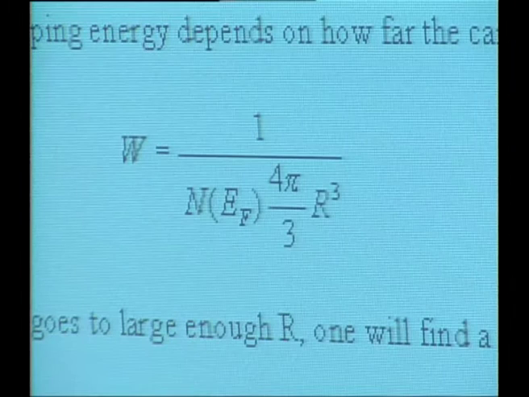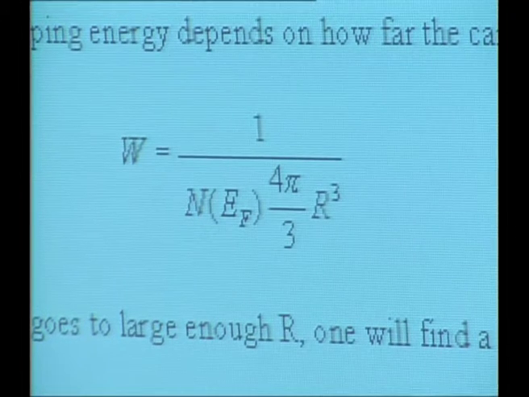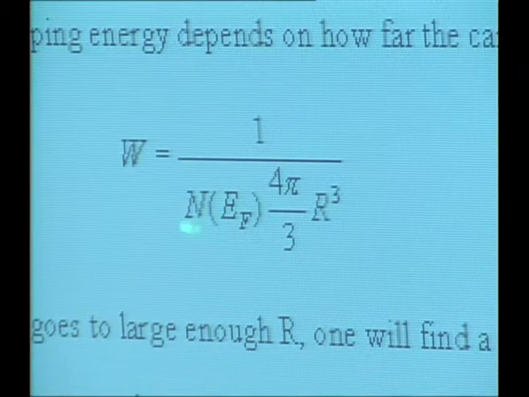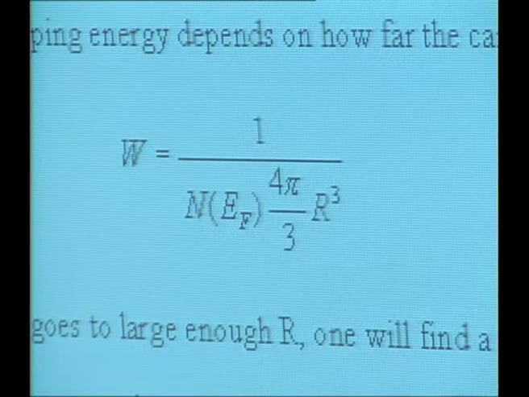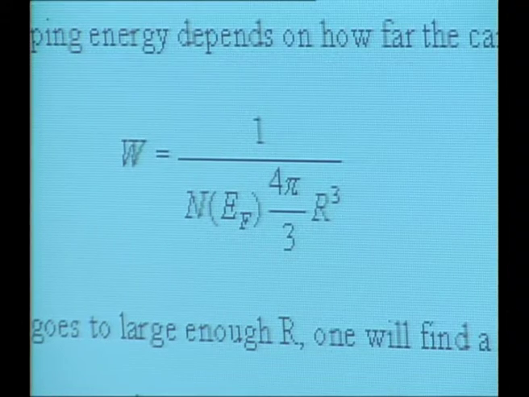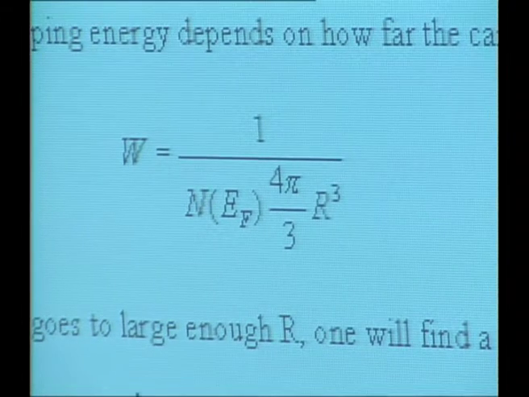So this energy, on average, goes like 1 over the density of states times a volume, that volume R. If you cut out a volume R, and you know the density of states, then you're going to find the probability of finding a state at W. If you go out far enough in R, this will get smaller and smaller and smaller.